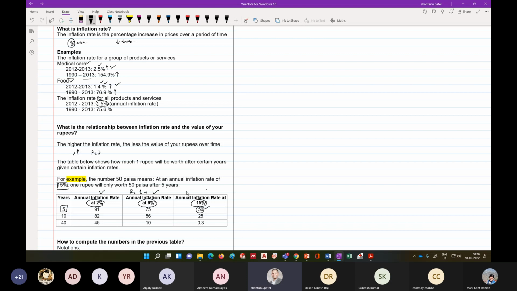The value of 100 paisa will decrease to 50 paisa after 5 years.